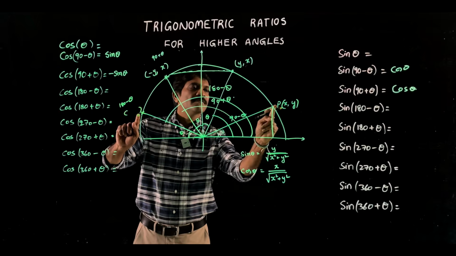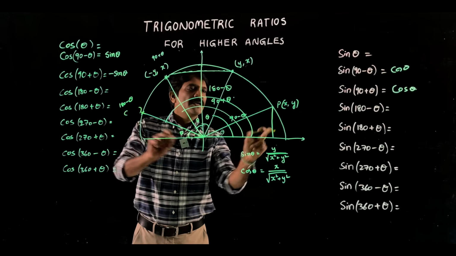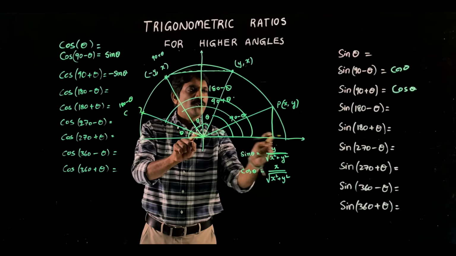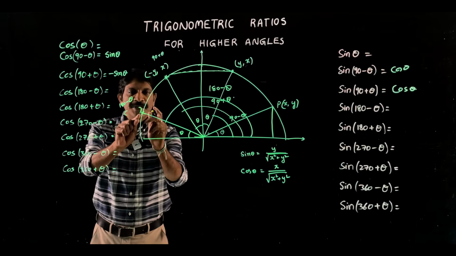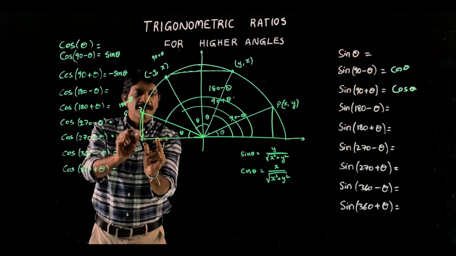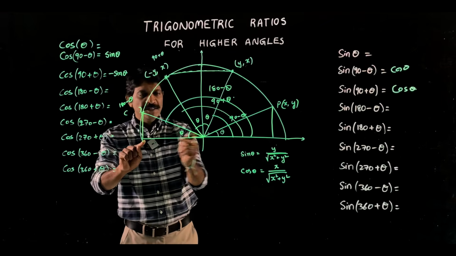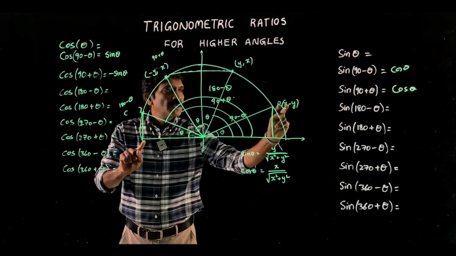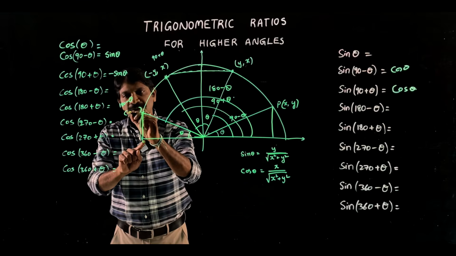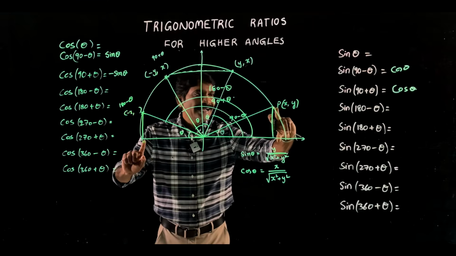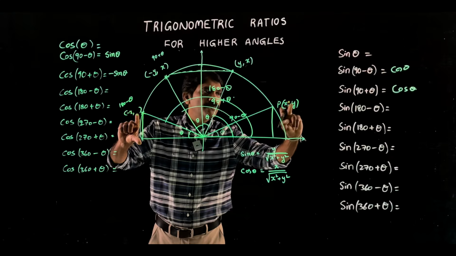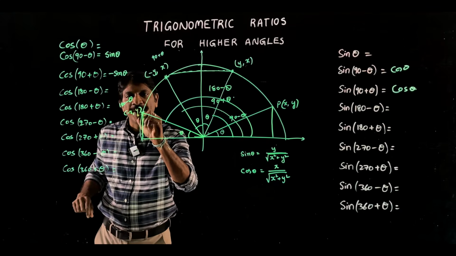From here to here the distance is x. Therefore, from here to here the distance must also be x, but this is in the negative direction. So here it is x, this is minus x, comma. The height here and here are the same, it is y, so it is y.